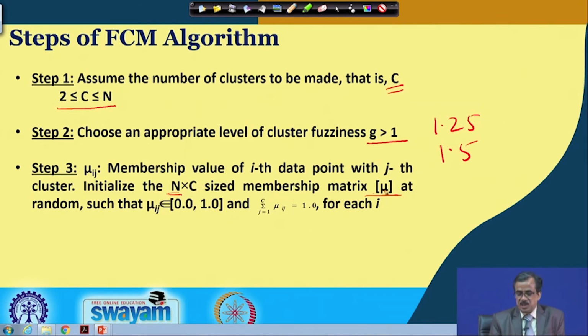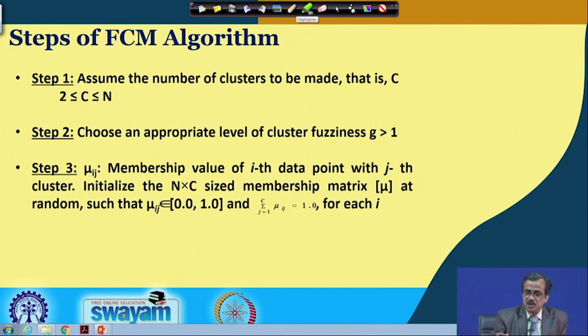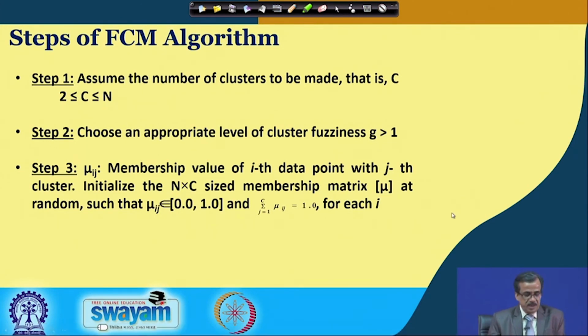So, I will have to generate initially the membership matrix mu at random, and the size of that particular matrix is n cross C. Now, this I have already mentioned that mu varies from 0 to 1 and the sum of all the mu values corresponding to a particular point is nothing but 1.0. So, this is the way the algorithm is working.